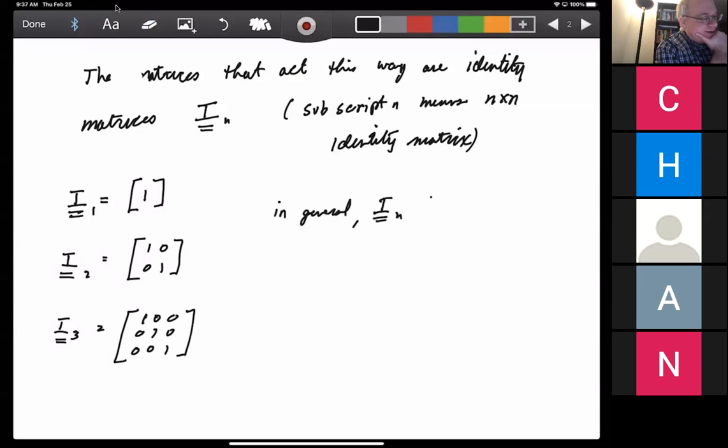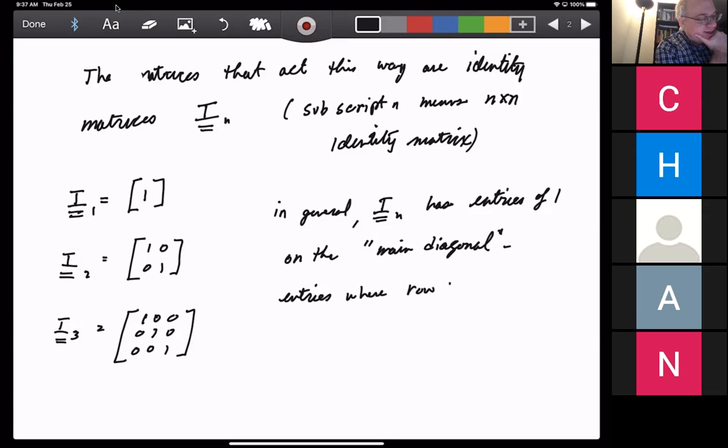And in general, I sub n has entries of 1 on the so-called main diagonal, right? These are the entries where the row index equals the column index.